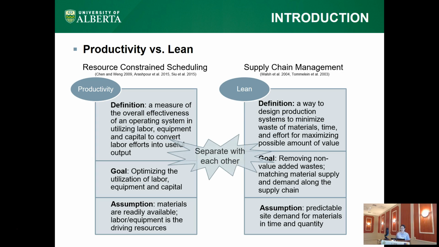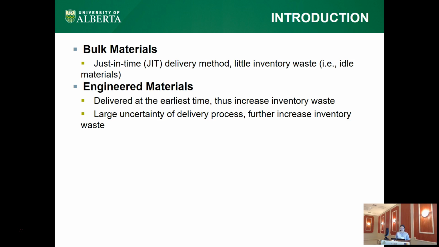So basically, these two topics are separate from each other. This setting is true for bulk material, because the procurement and shipping of bulk material is of lower uncertainty, so the just-in-time delivery method can be achieved with little inventory waste. So there is no need to integrate the supply chain and the construction planning.